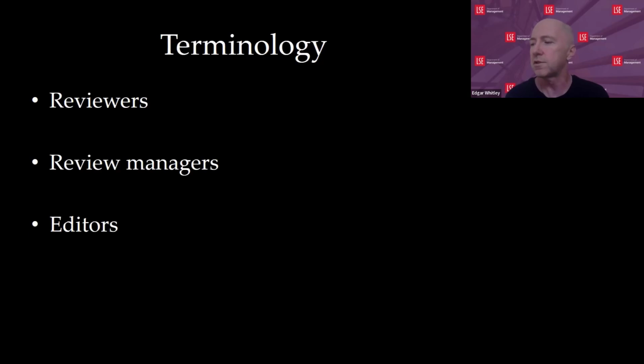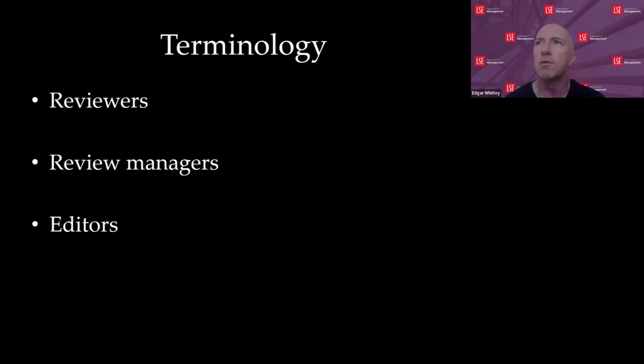First thing that I just want to start off with, just to be clear about, because different journals have slightly different terms for different roles. The first one is the idea of the reviewer. This is just the academic who reads a paper that's been submitted to the journal, makes a recommendation based on their reading of the paper.